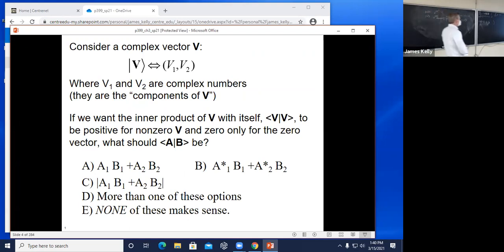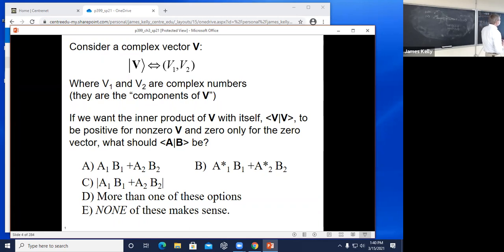Because this is about complex vector space. This is about a vector in what I would have called C2, a two-dimensional complex vector space. Those V1 and V2 in the two-tuple there are complex numbers. So they're what we would normally call the components of the vector.